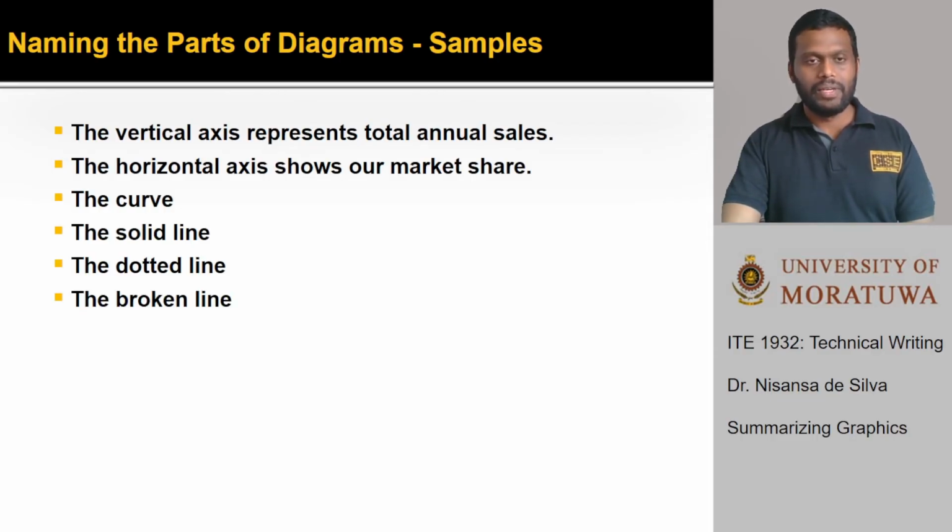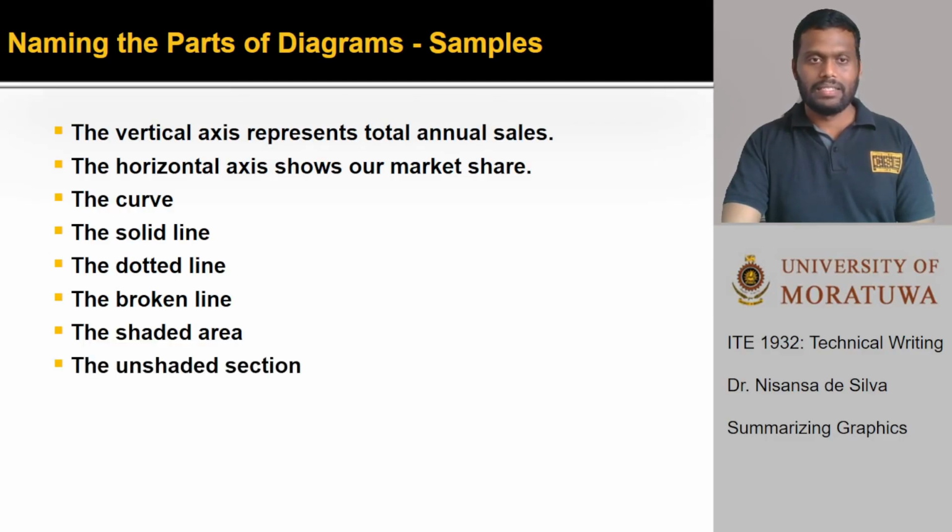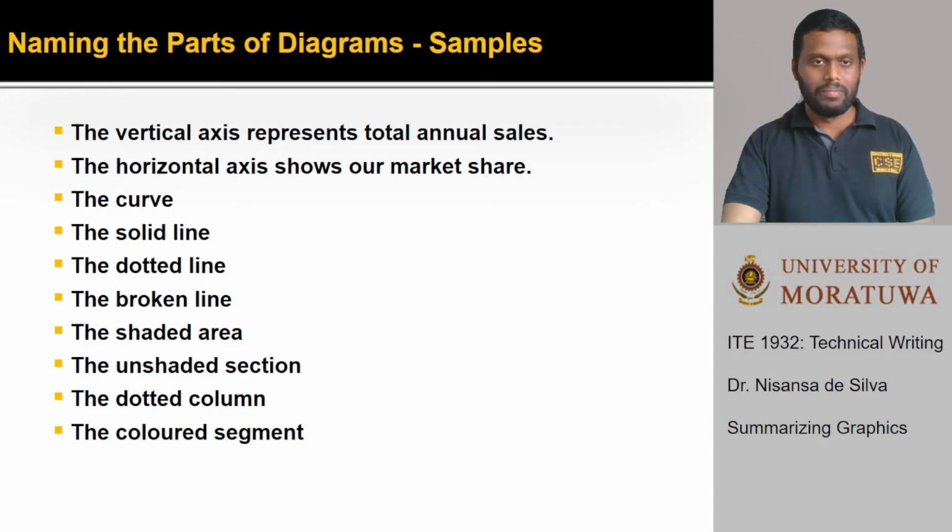Because if you are showing multiple things in the same graph, they would be using different lines to visualize the difference between various things that are being drawn. The shaded areas, the unshaded section also shows different areas. Dotted column, the color segment, the red bar. There are many ways to describe the parts of the diagrams, still being professional.